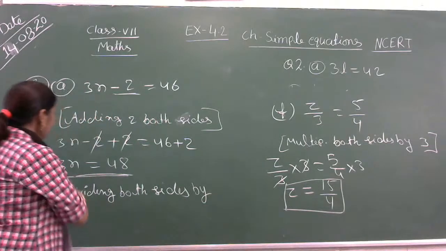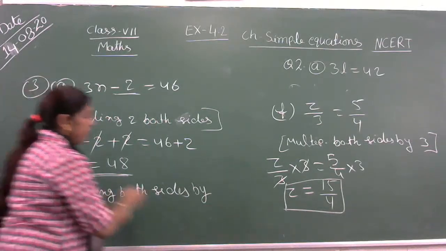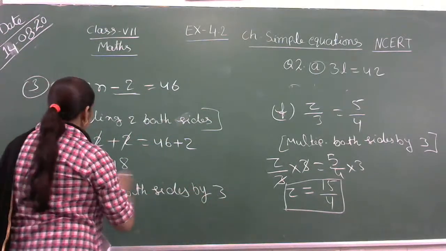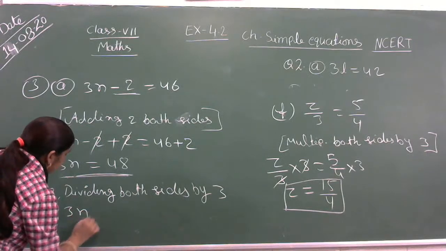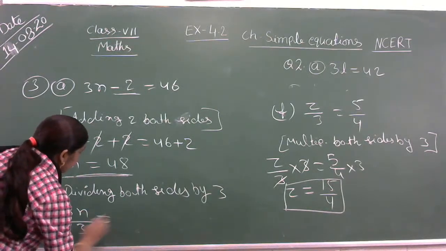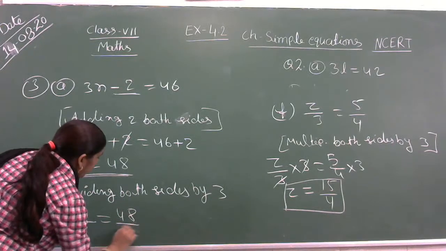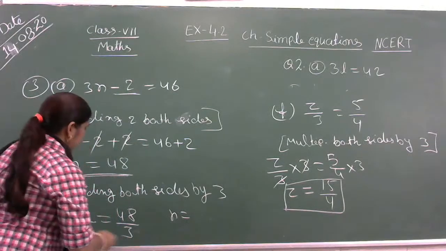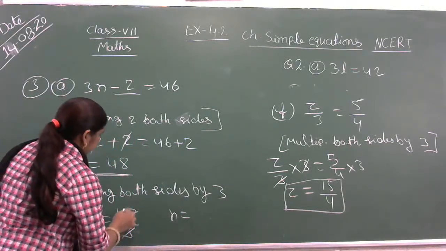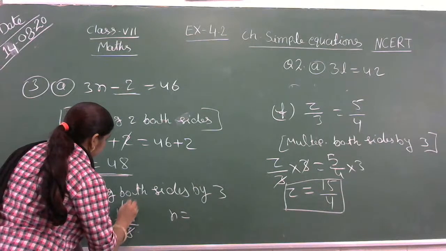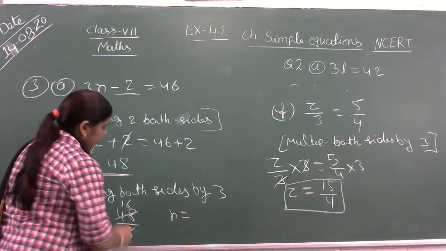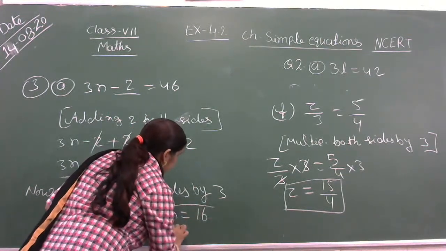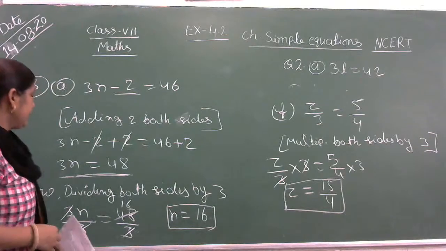If you divide, then the 3 will cancel. So we divide both sides by 3. So 3n upon 3 is equal to 48 upon 3. 3 cancel, n equal 48 divided by 3 is 16. N equal 16. Isn't it? This is your answer.